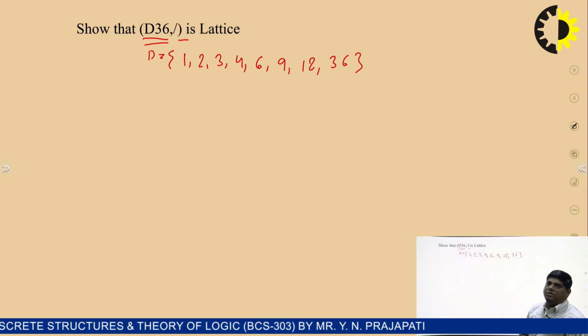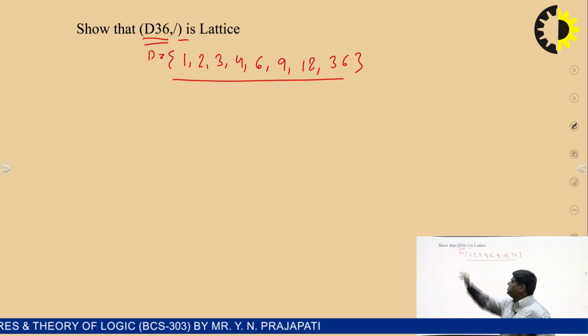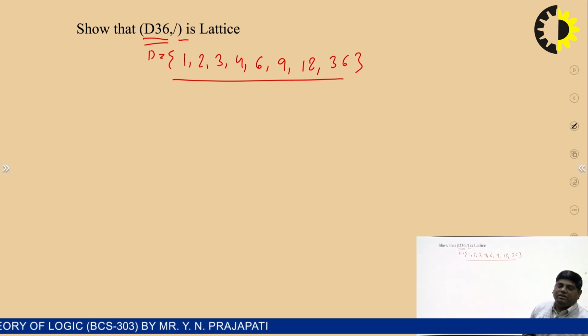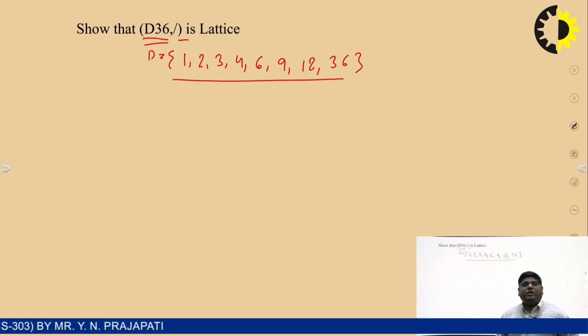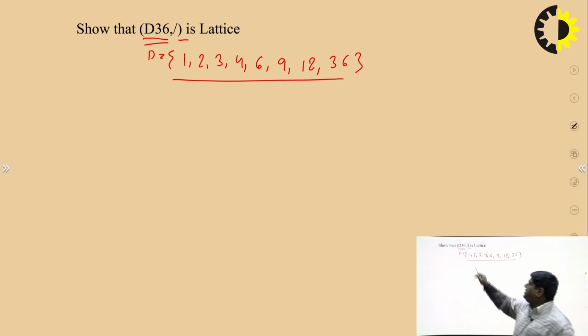Now, we draw the Hasse diagram using this structure, and then we check join and meet for every 2 elements. If they are contained, then that structure is known as the lattice.